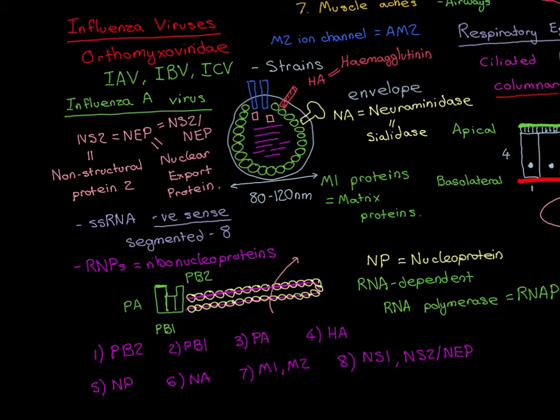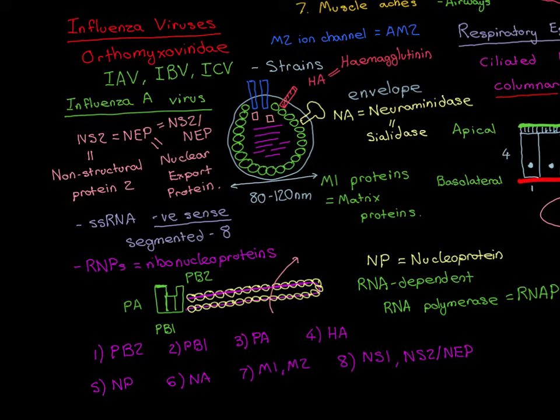Okay, so inside the M1 matrix then, we have the ribonuclear proteins, of which there are 8, and each of them contains a single-stranded piece of RNA that is part of the viral genome. The viral genome is segmented into 8 different pieces, and all of the genetic information is stored in single-stranded negative sense RNA molecules.